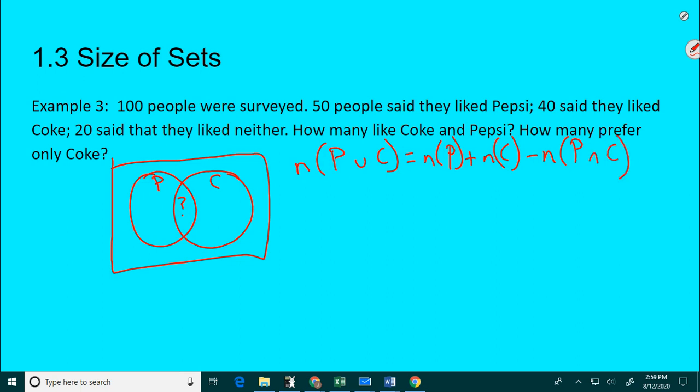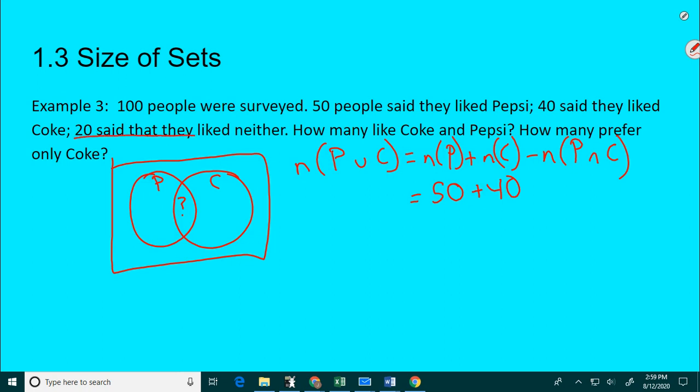If we take a look at these, I can figure out everything except the intersection, and I can just plug it in. So we're told the number in P is 50. The number in C, so the number of Coke, is 40.